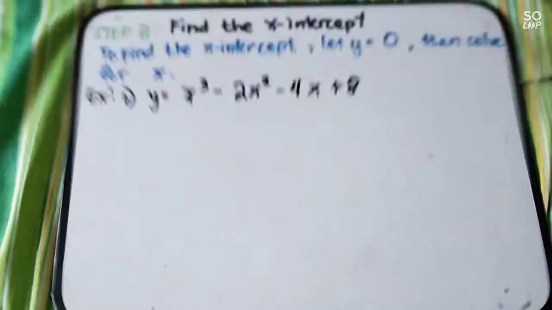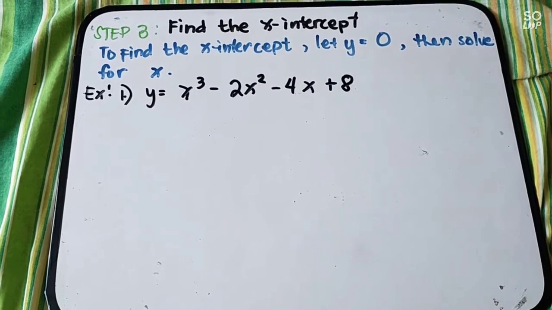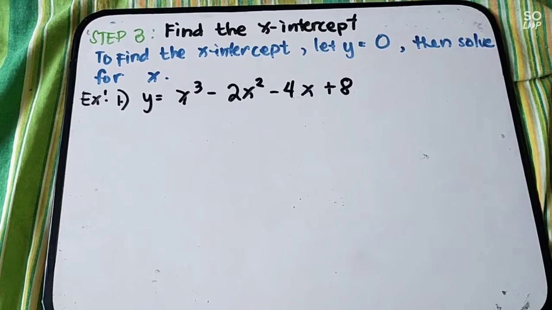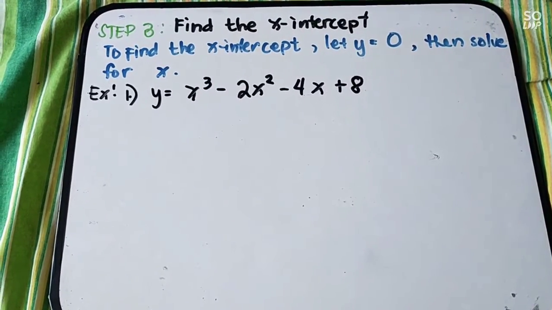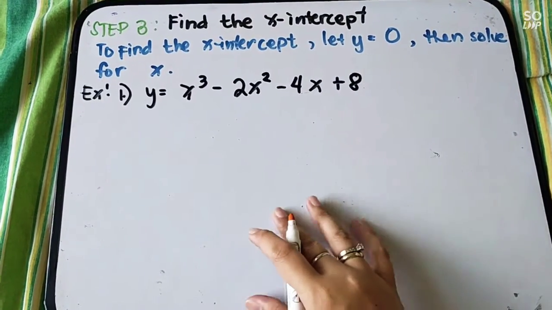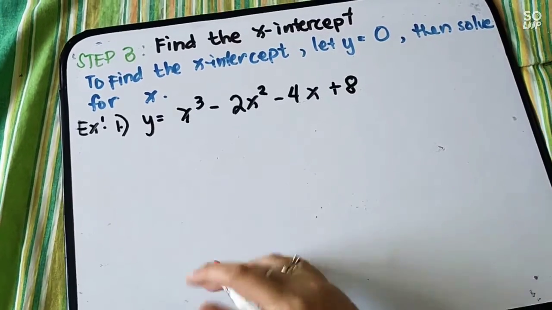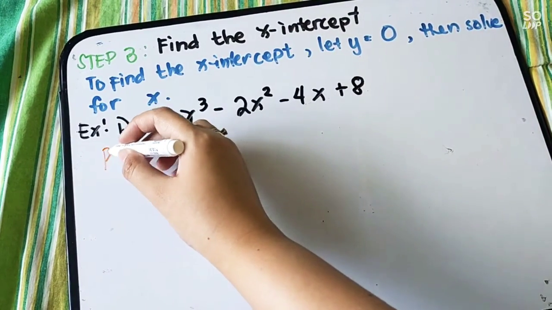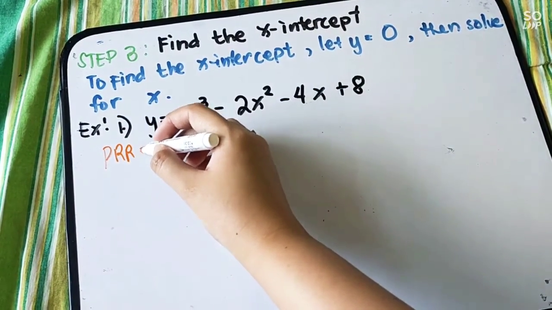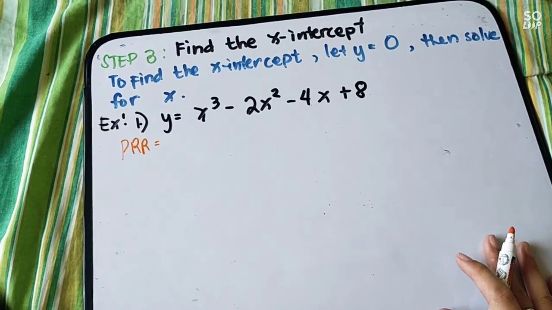So, we have different ways. Let us have the first way. In our first way, you are going to find the possible rational roots, the PRR. What are the possible rational roots?